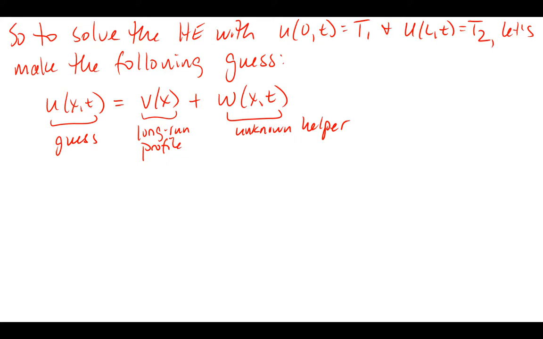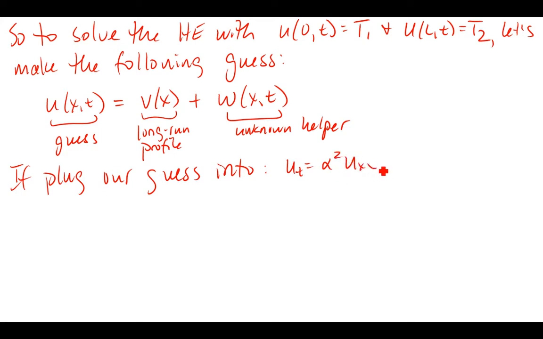Well, what do we always do? When we make a guess, we plug it into the PDE, and usually good things happen. So if we plug our guess into the heat equation, I'll just repeat it for you one more time: U_t equals alpha squared U_xx.